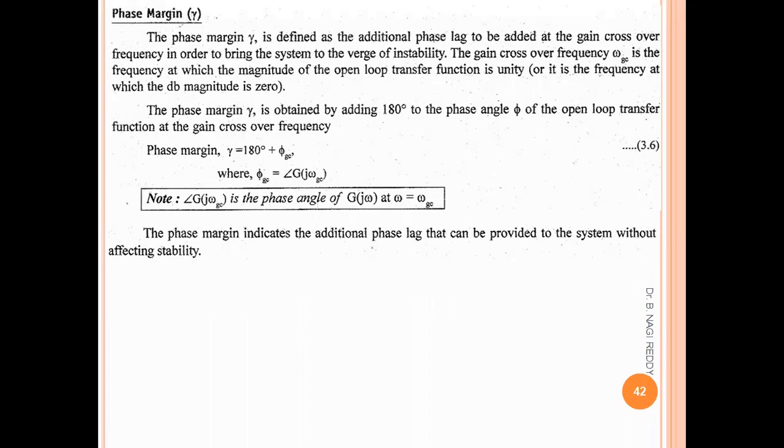Here, the phase margin is defined as the additional angle required to bring the system from instability. However, this angle can be calculated at the gain crossover frequency.